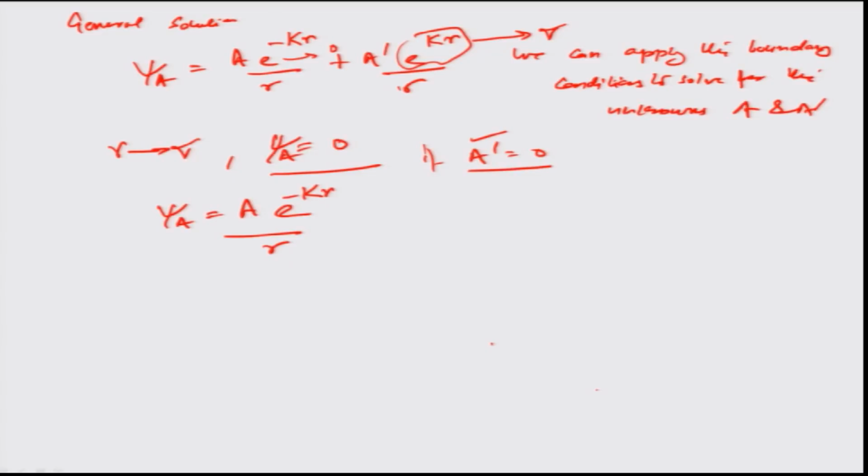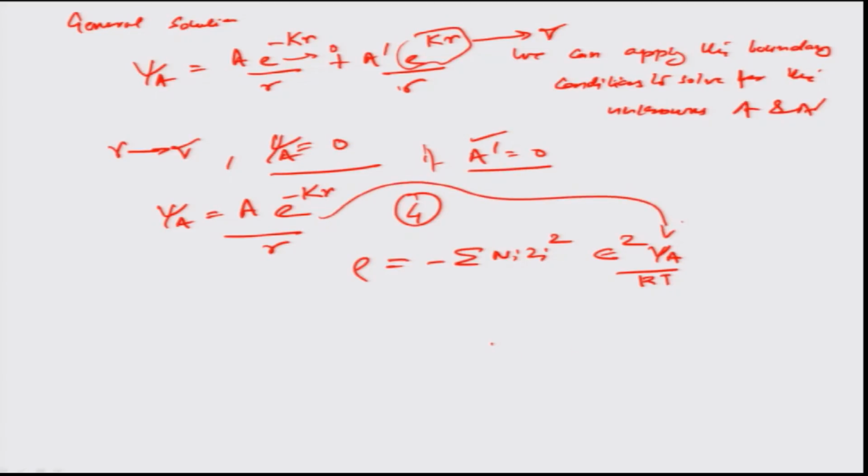So, if I substitute this value back into equation 4, which was about the density function, the density here was represented as minus sigma ni zi square epsilon times xi a by small k t, and I represent the value of xi a into the expression. So, this becomes equal to minus ni zi square epsilon square by Boltzmann constant k times t times a e to the power of minus capital K r by r.